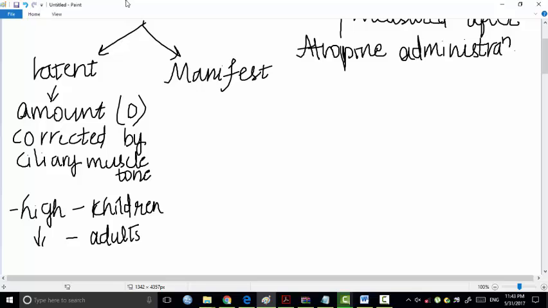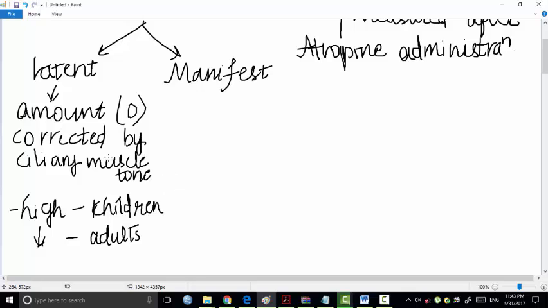This latent hypermetropia is only disclosed, or only seen, if refraction is done after abolishing the ciliary tone with atropine. Once you administer atropine, the ciliary muscles are paralyzed, so the tone of the ciliary muscles is decreased.